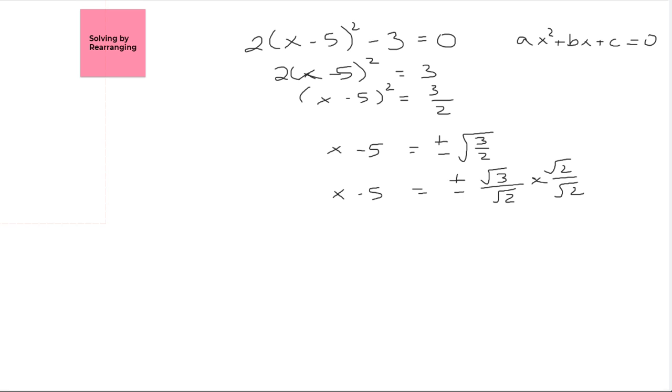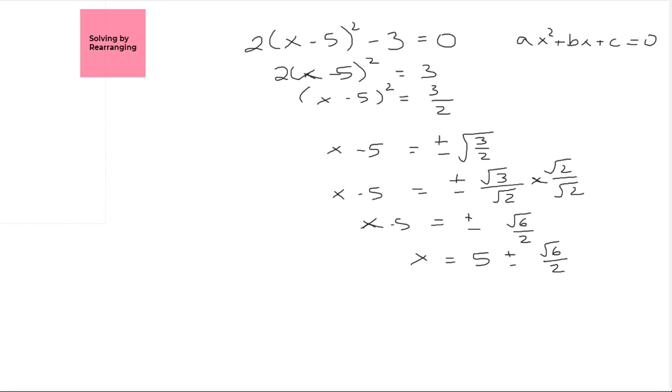And so x minus 5 is going to equal plus or minus 3 root 2, plus or minus root 6 over 2. And so x is going to equal 5 plus or minus root 6 over 2. And now we have two solutions.